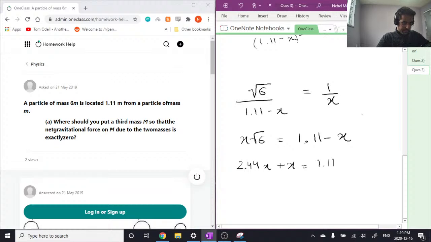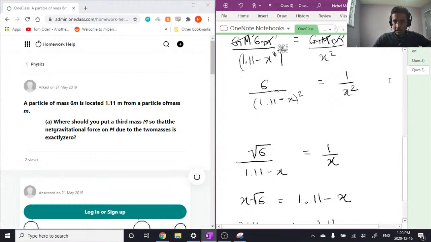Solving for x, we get 1.11 divided by this. So x we get to be 0.321 meters, and the other distance, 1.11 minus x, is equal to 0.788 meters.